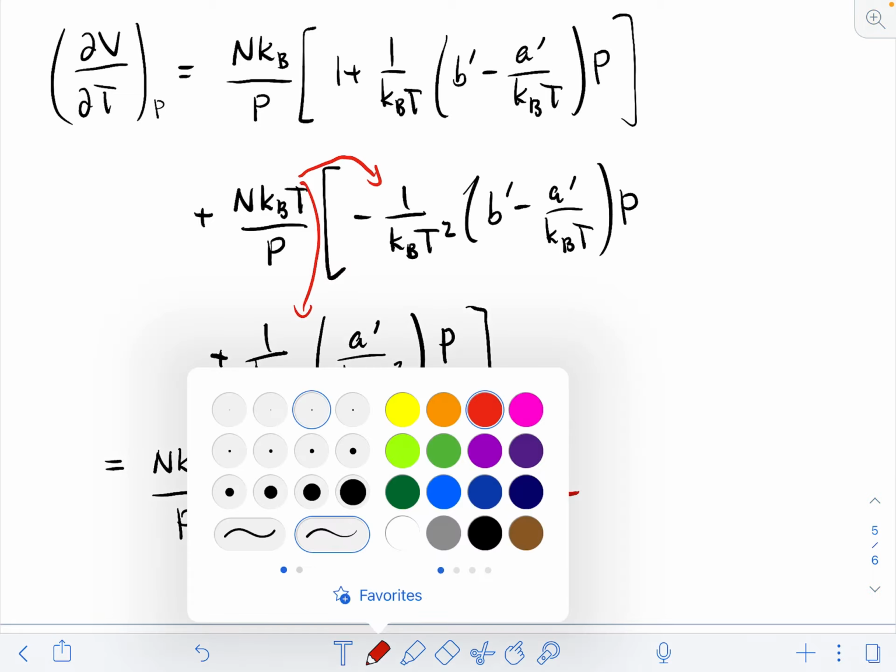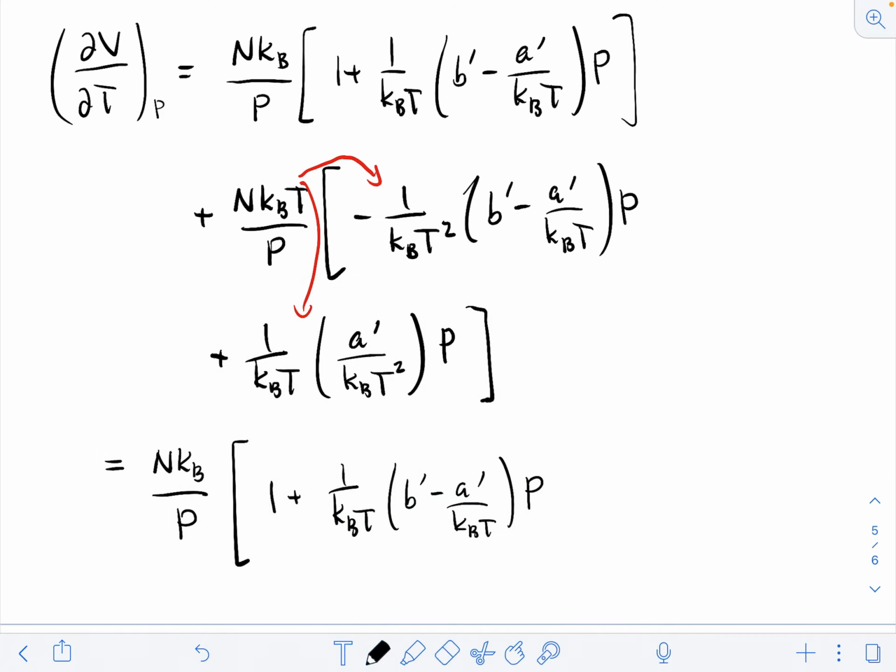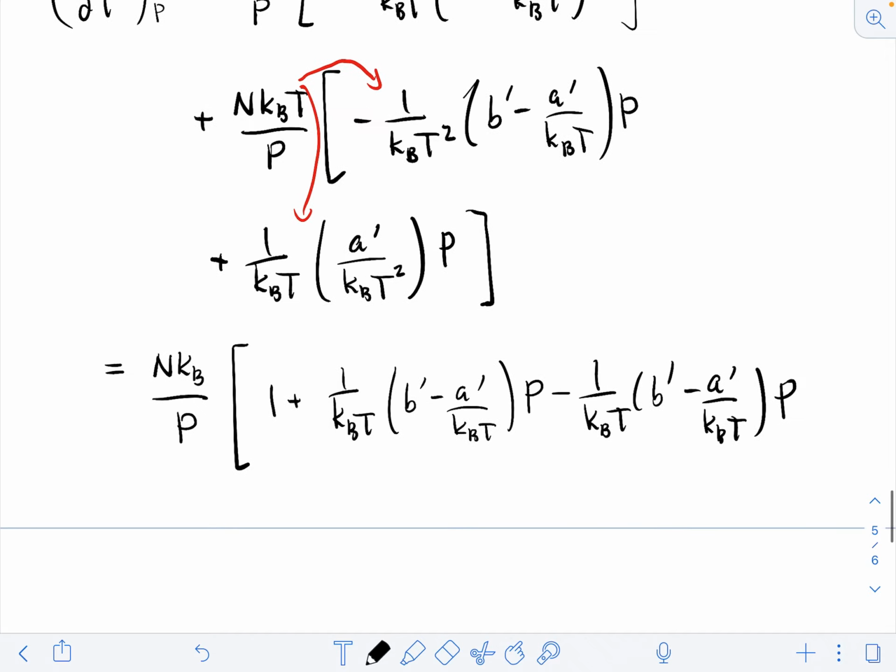So we'll get a minus 1 over k_B, the T squared becomes T, then we get B prime minus A prime over k_B T P, and then we'll get, let's see, the T's are going to cancel here, so we'll get a plus A prime times P over k_B T squared, and then close bracket.